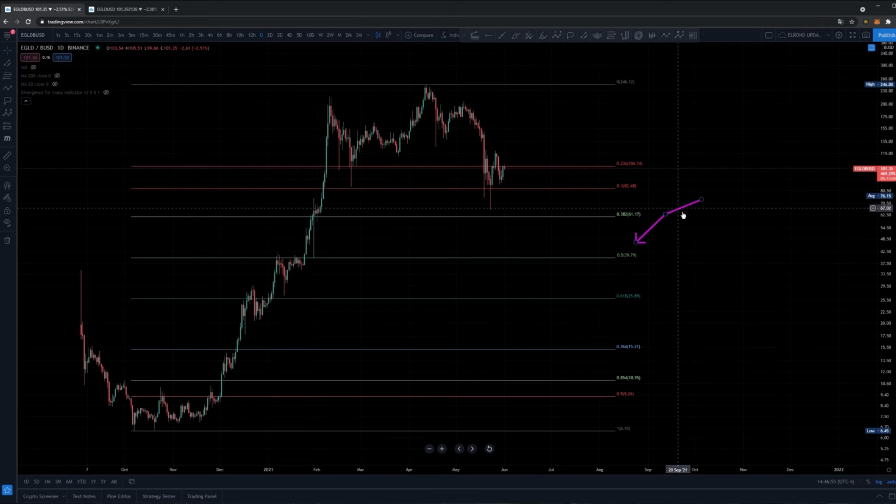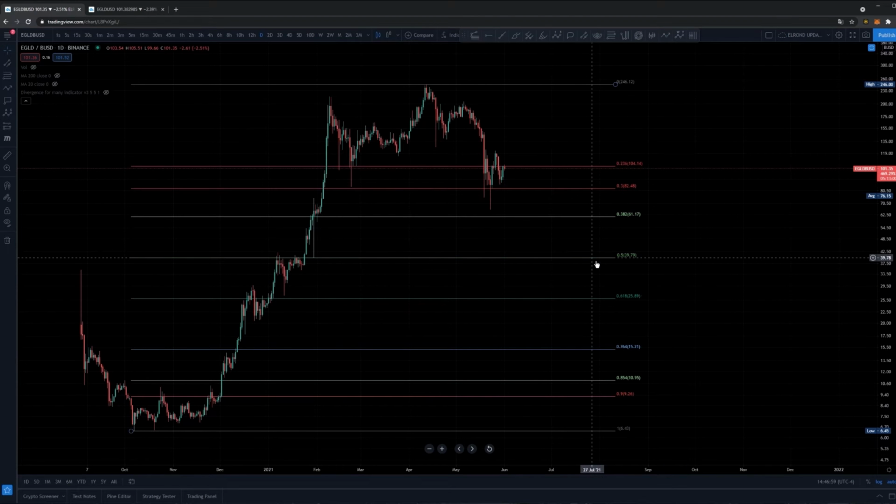One other thing you can watch is the logarithmic Fibonacci on support. The 0.32 used to be a very good buying zone historically on every asset and all coins.